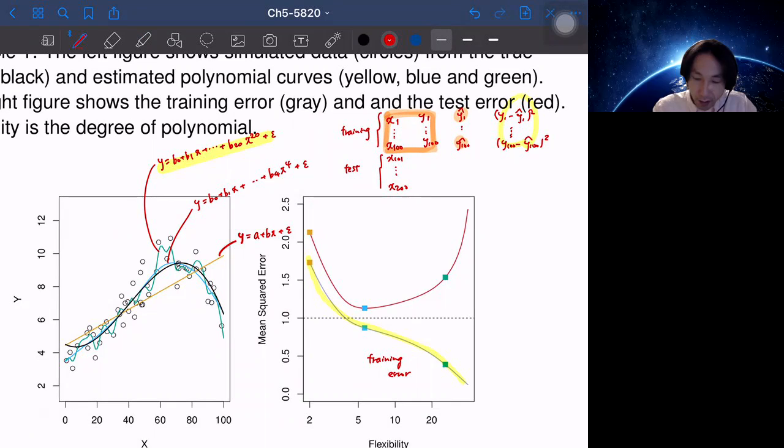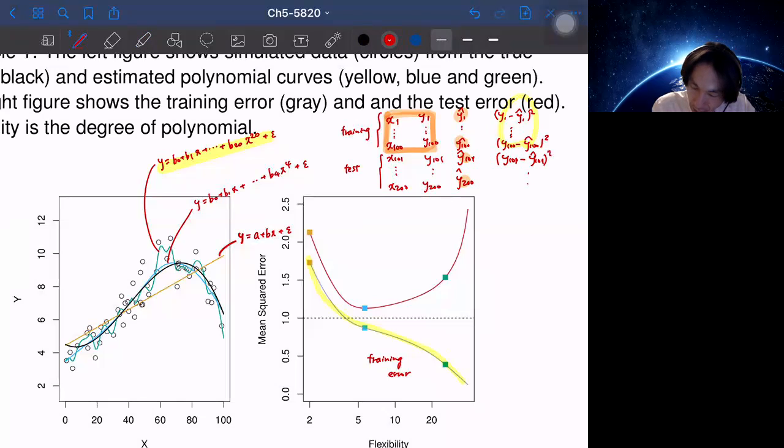But the test error is different. So we have y101 to y200. If the model is unnecessarily complicated, and you estimate the model, based on these estimates, then y101 minus y101 hat, up to y200.